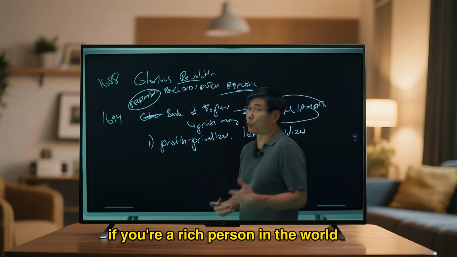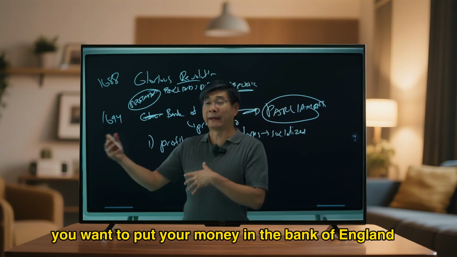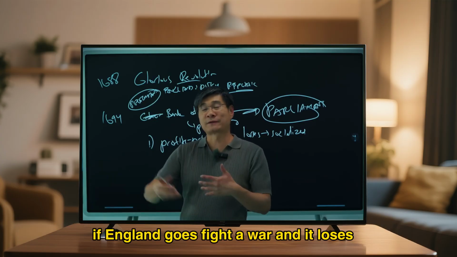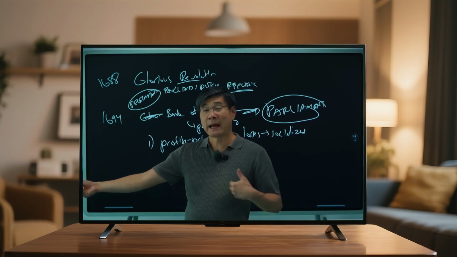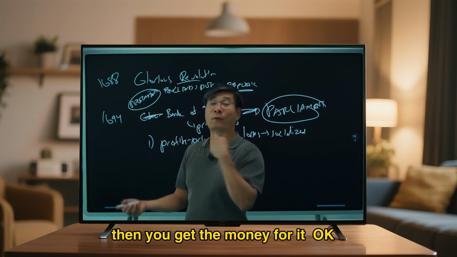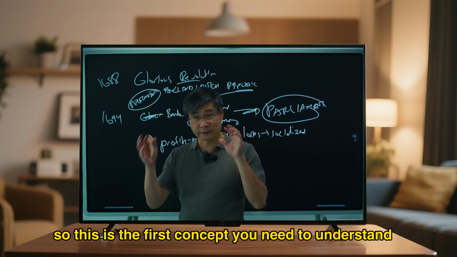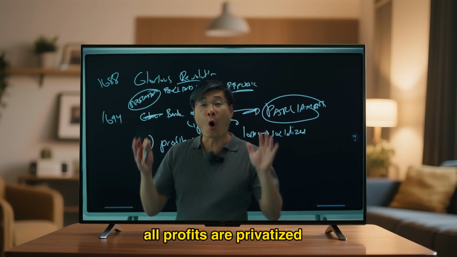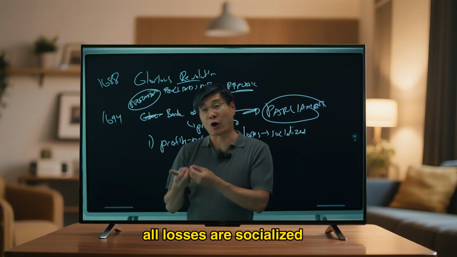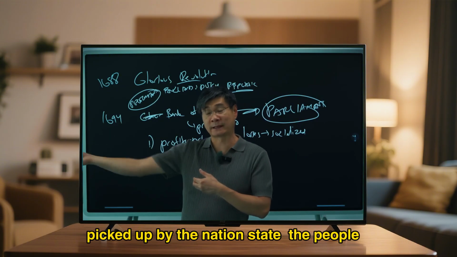If you're a rich person in the world, you want to put your money in the Bank of England because there's no way the Bank of England loses money. If England goes to fight a war and it loses, England pays for it. But if it wins the war, then you get the money for it. Okay? So this is the first concept you need to understand. All profits are privatized. All losses are socialized, picked up by the nation state, the people.